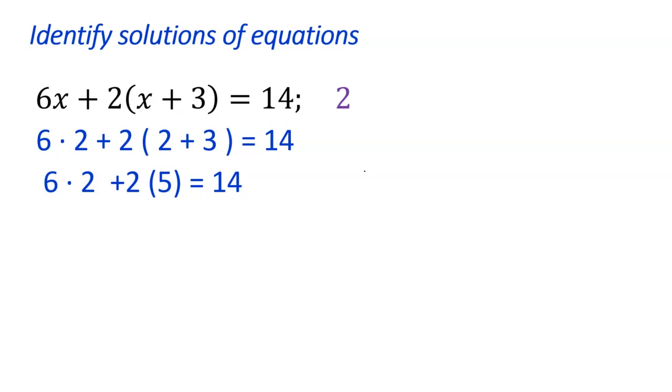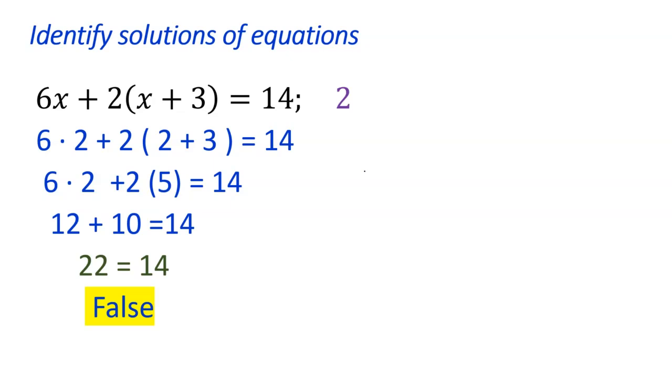That will give me 12 plus 10 in my next step. 12 plus 10, if you add, you're going to get 22. Now 22 equals 14. That is not correct. It's a false statement. The numbers are not the same. If you're getting a false statement in the end, then you can write that number 2 is not a solution for this particular equation. Let's try one more example.